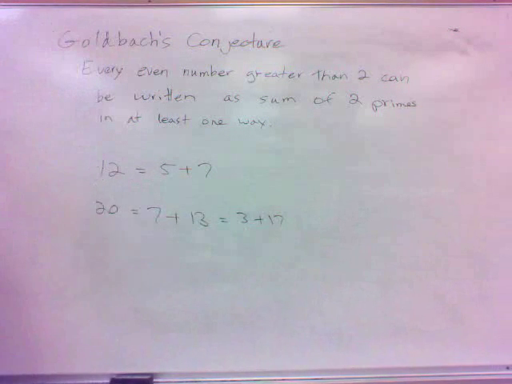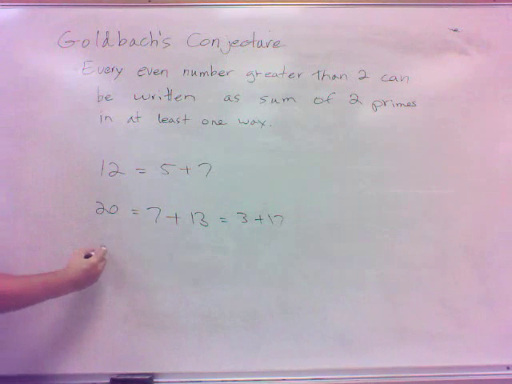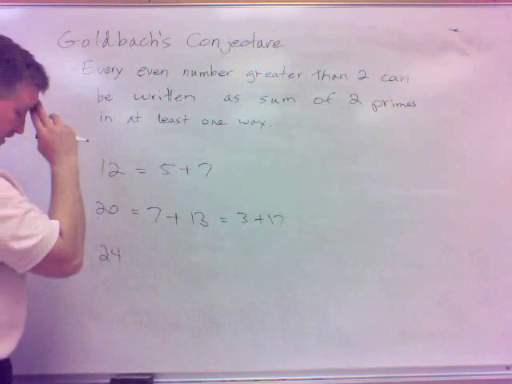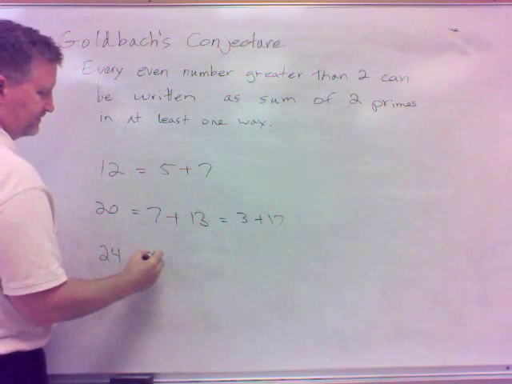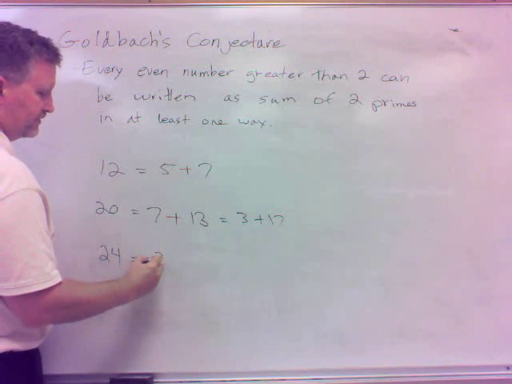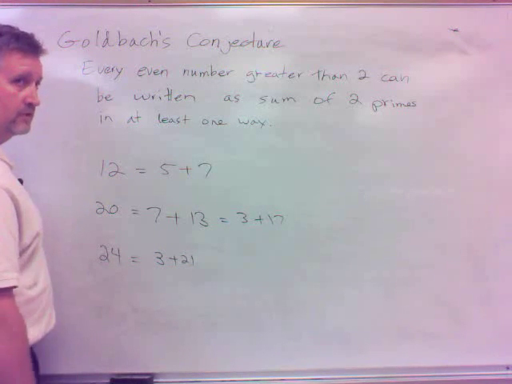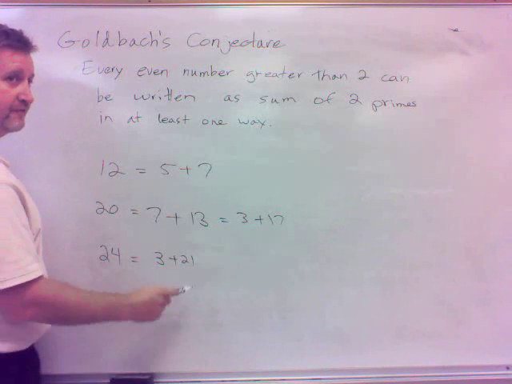So we could do that with every one of them, but it could be possible that we could do it more than one way. But Goldbach's conjecture says there's at least one way to do it. Now, what you want to be careful with is, if I was doing 24, how about 3 and 21? Well, 3 and 21 is 24, but what's wrong with that?